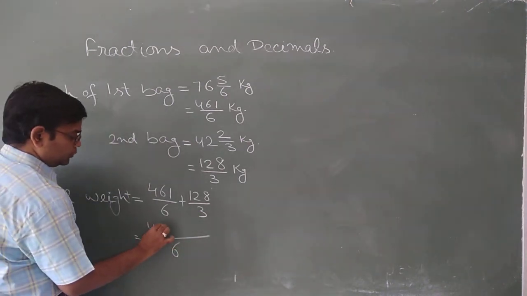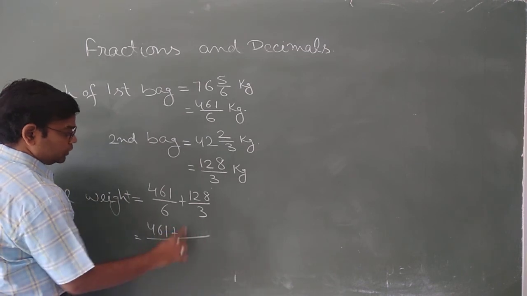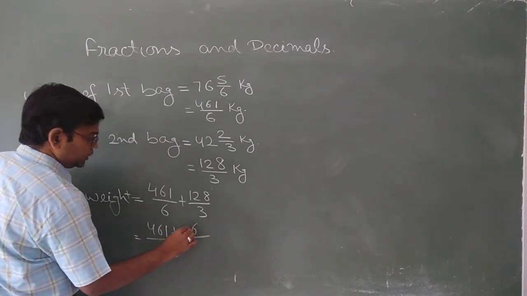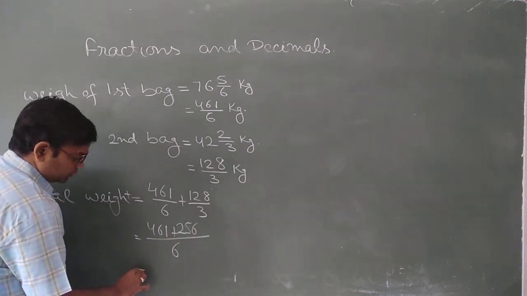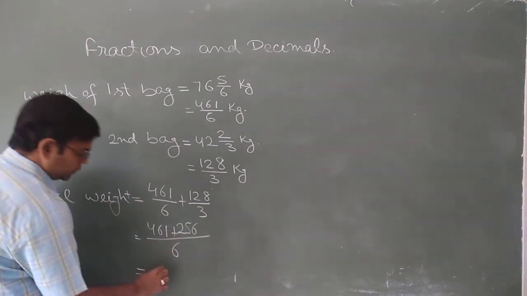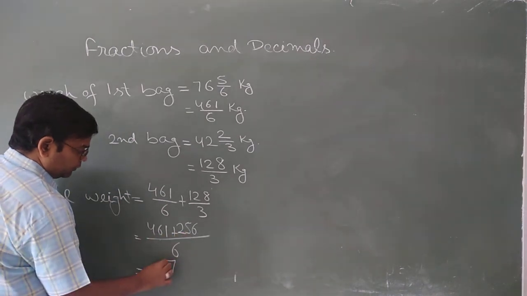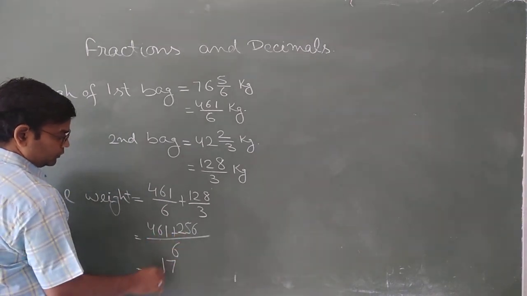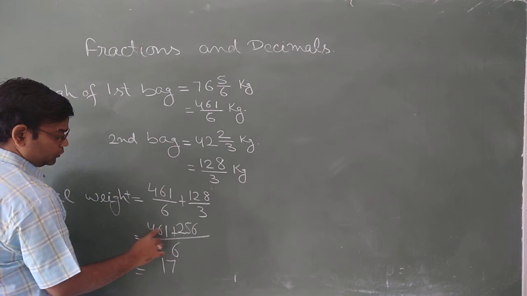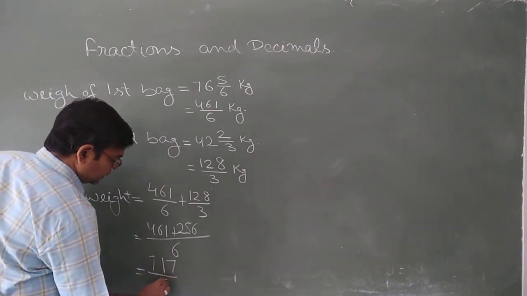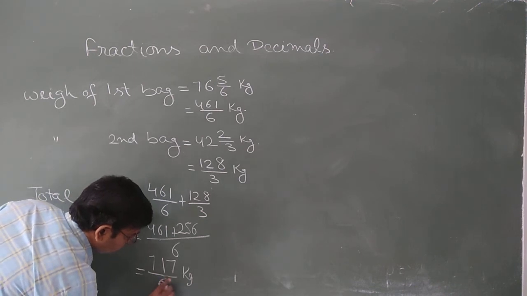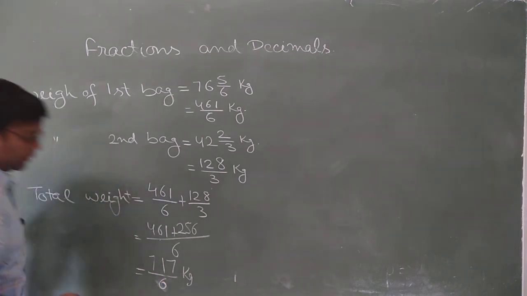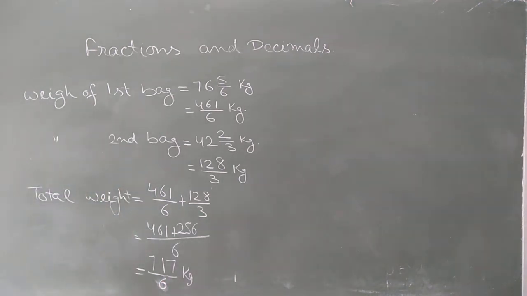It's 461 plus 2 times 128, which is 256, so the sum is 717 upon 6 kilogram. Hope this one is clear to you. Clear? 717 upon 6 kilogram.